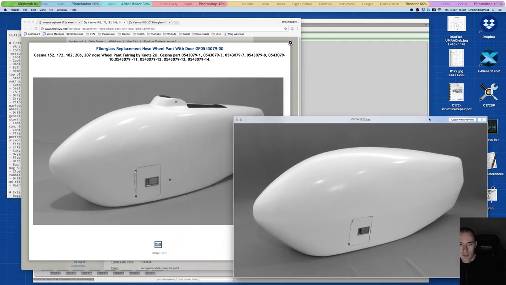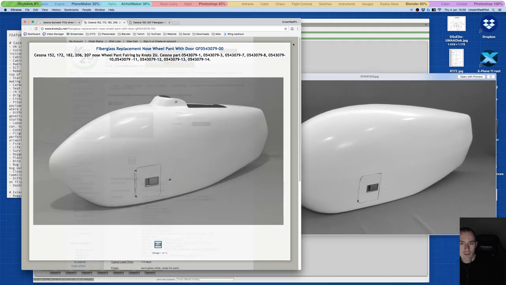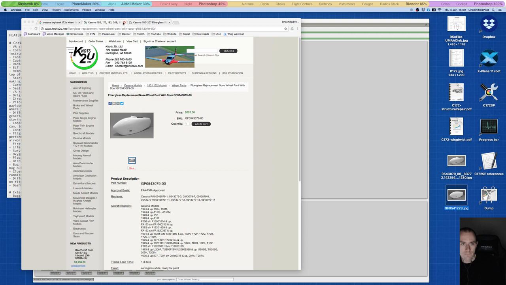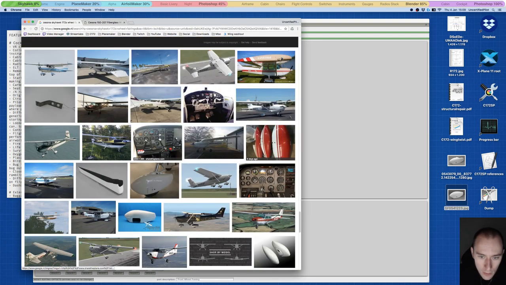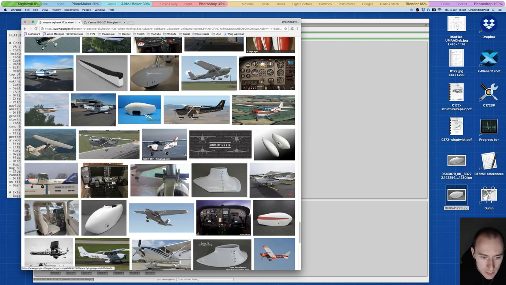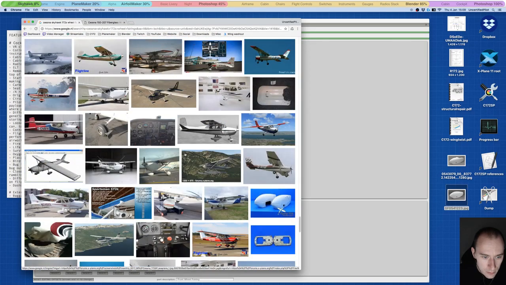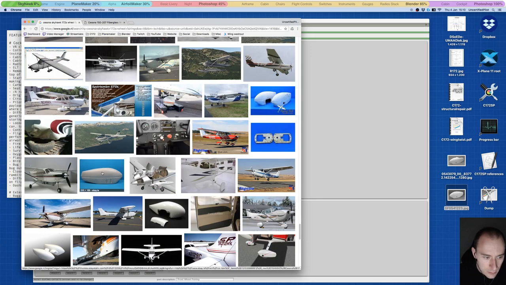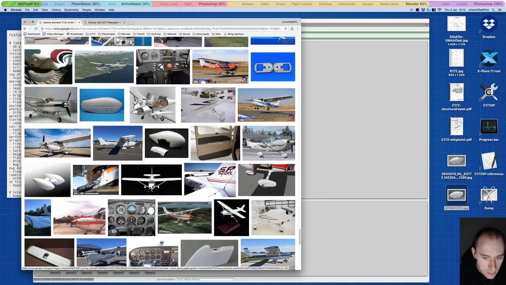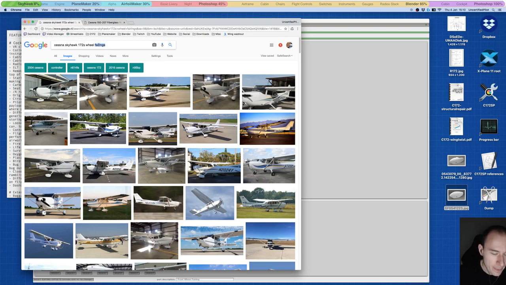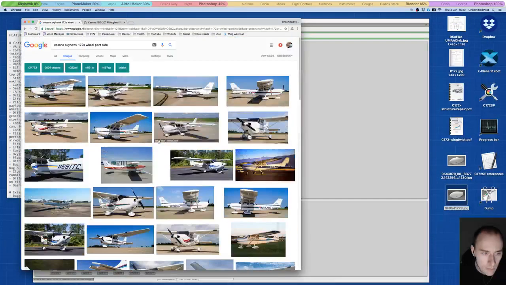It's generally the same. And it's all the same for the 172, so let's remove the S, perhaps we see more results.